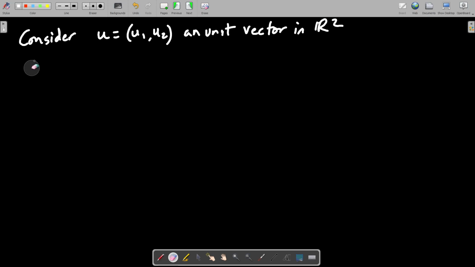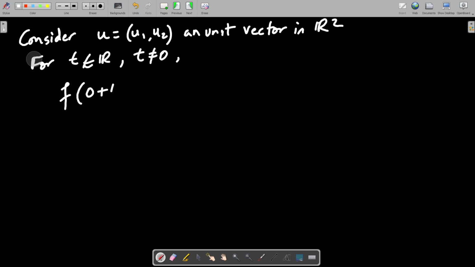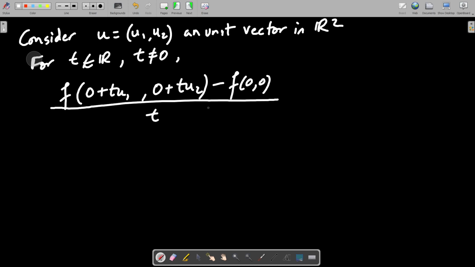So for t belonging to R, t not equal to 0, what is going to be this ratio? f of 0 plus tu1, 0 plus tu2, minus f of 0 comma 0, upon t.